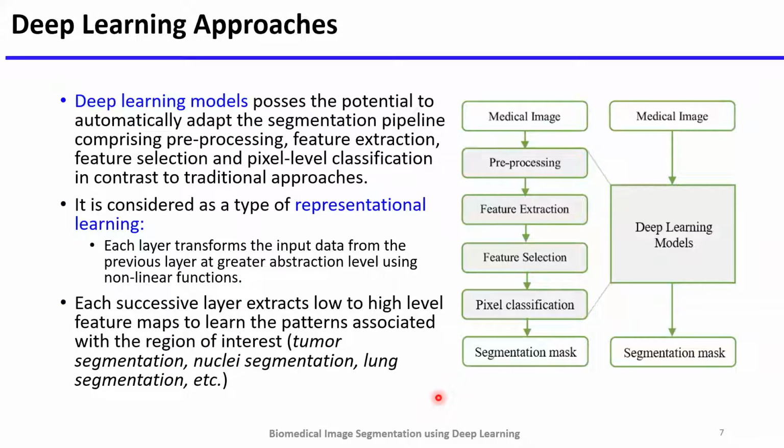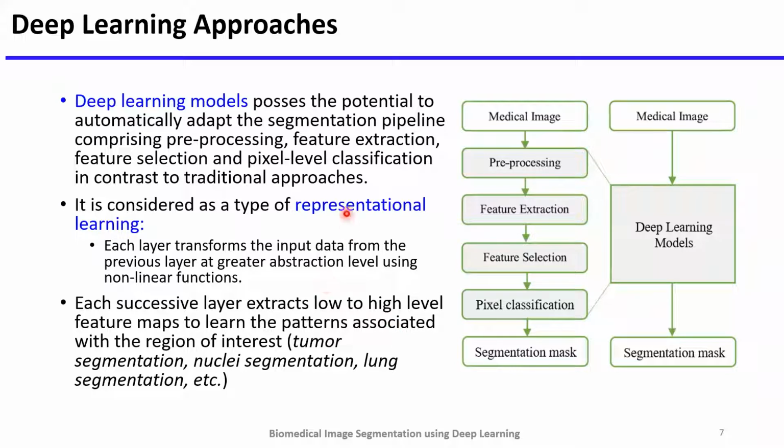Our motive is to concentrate on deep learning approaches for image segmentation tasks. As we have seen, traditional approaches are already available, but why do we want to move towards deep learning? In this diagram, you can see that if you use the traditional approach, you must go through a lot of steps, as you have seen in earlier slides.